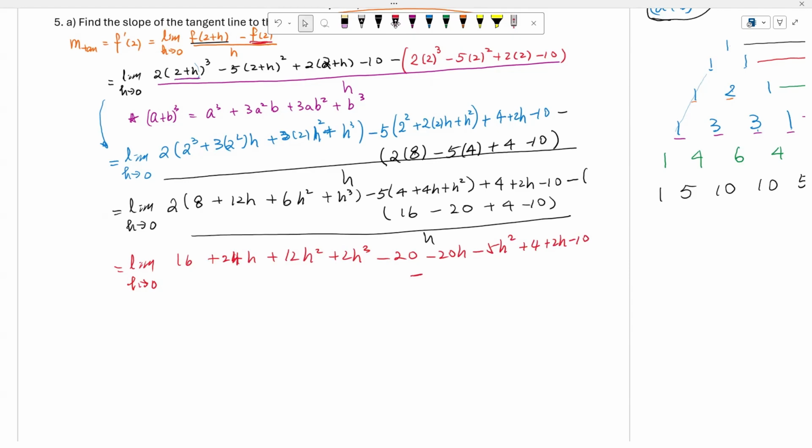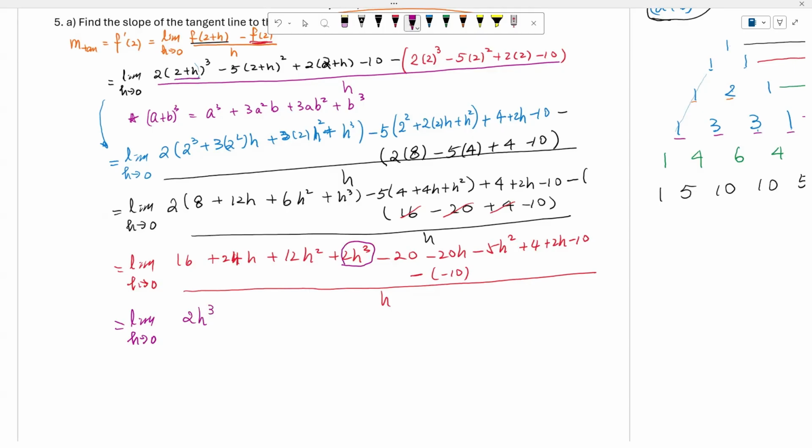So I have 16 plus 4 equal to 20. And now let's take care of this. So I have 2h to the power 3.